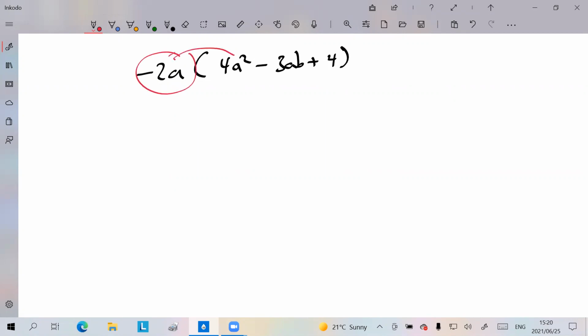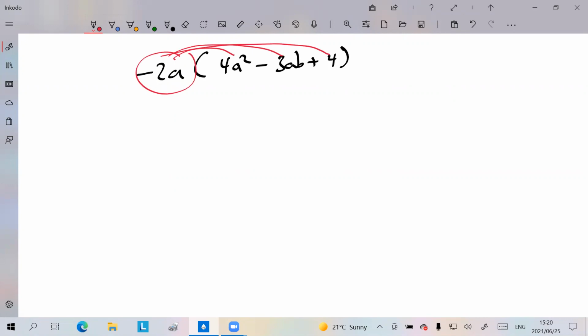All right, so let's say I had negative 2a into 4a squared minus 3ab plus 4. Okay, there it is. We're multiplying now one term with three terms. So I need to do three multiplication steps. This, multiplied with that, step 1, then step 2, and then step 3.